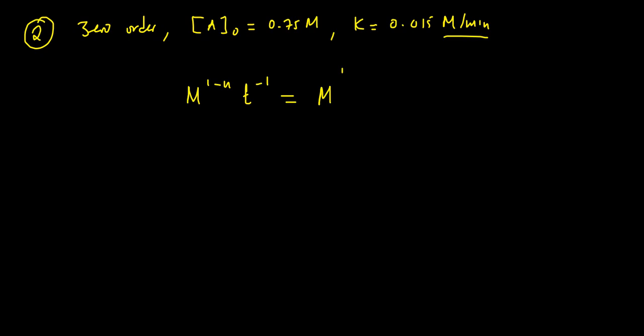And then time, if I say per, it is the same as me saying minute to the power -1. So this is the same as this, meaning that the power of molarity should also be the same. So 1 minus n should be equal to +1. I'm going to take 1 this side, I'll take n this side, so it becomes 1 minus 1 is equal to n. So n is equal to 0.